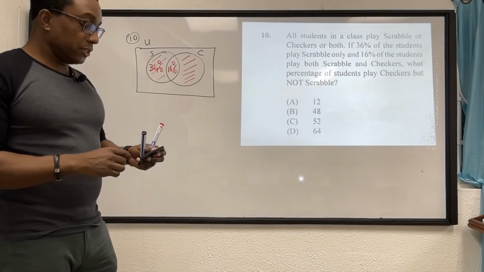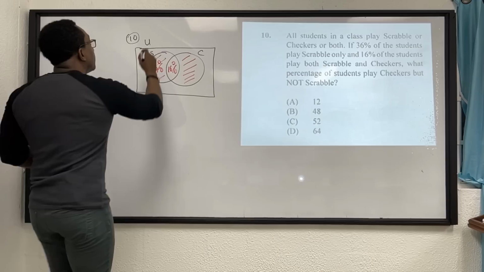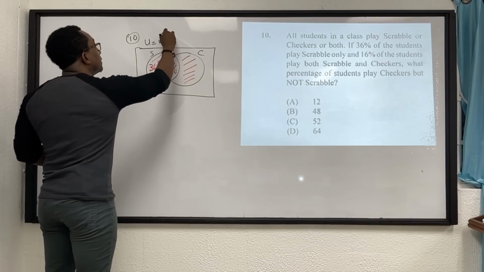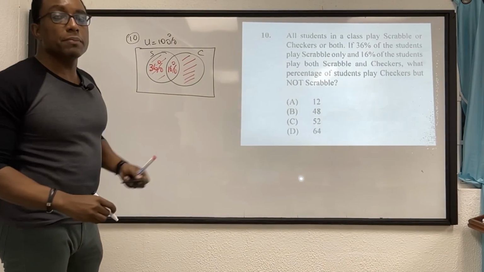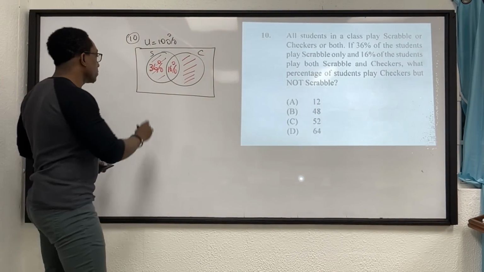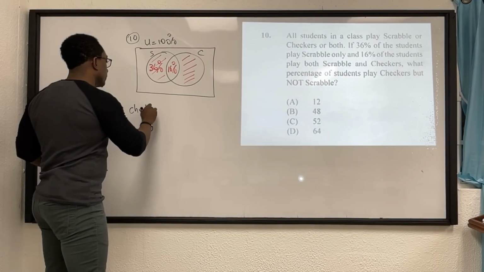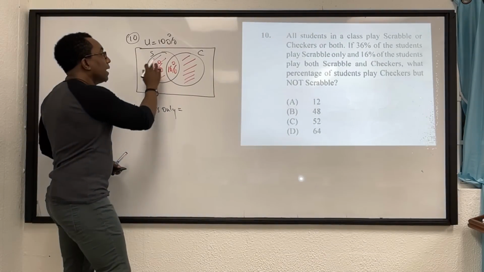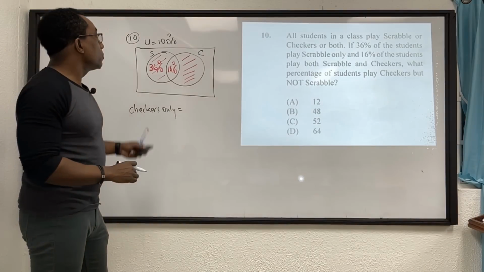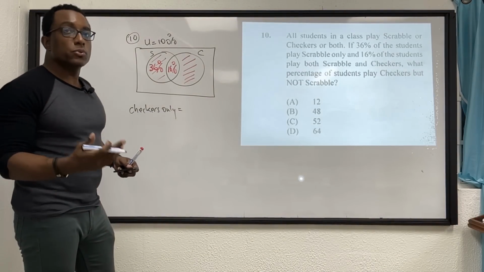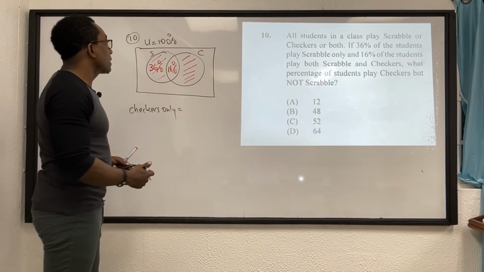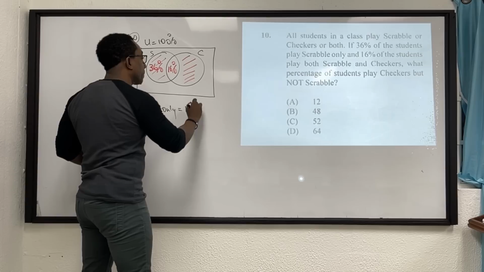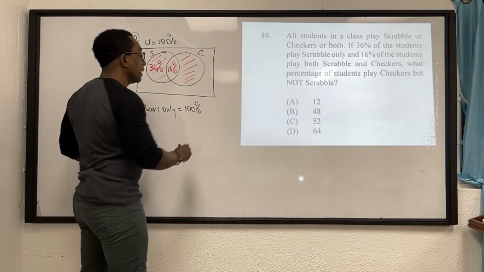For us to determine that, the universal set is 100%. To determine those who play checkers only, we add the students who play Scrabble only and those who play both Scrabble and checkers, and subtract it from the total number of students in that class.